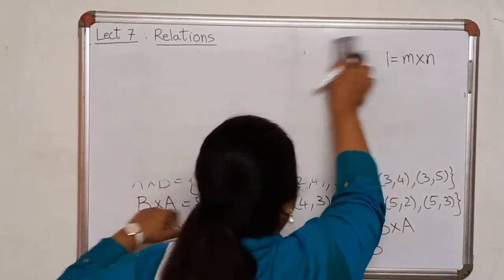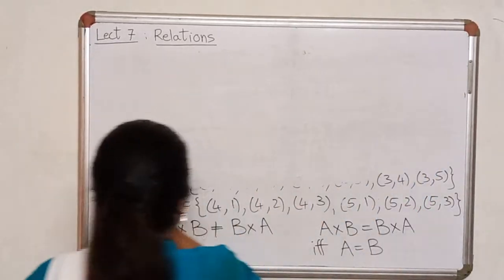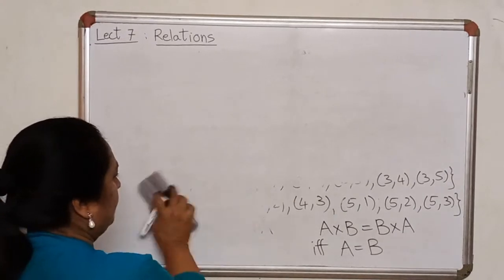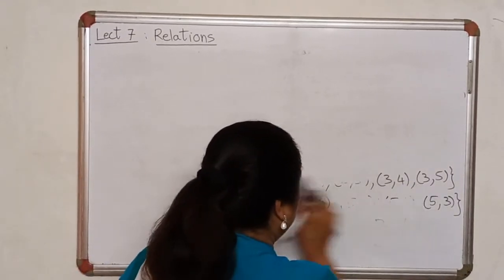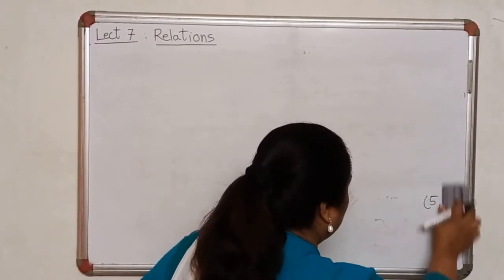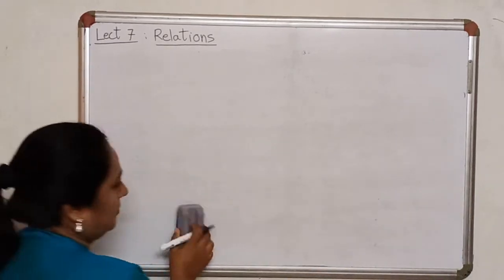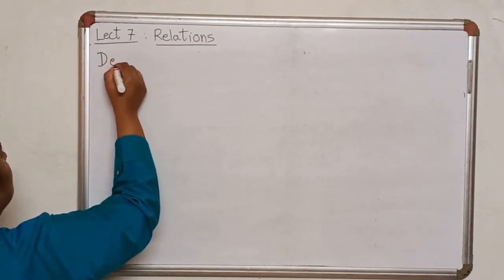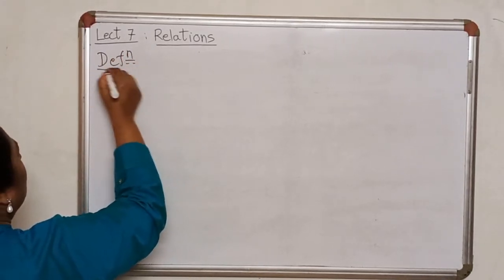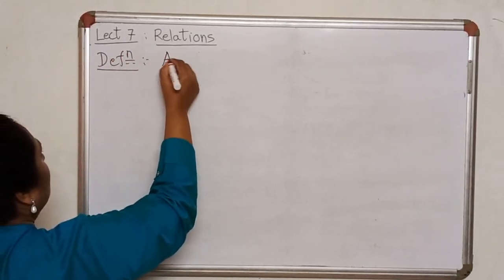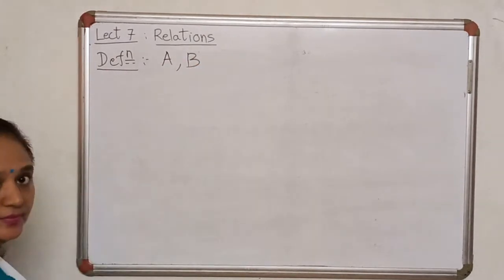And now we are in a good position to define a relation. So let A and B be two sets.